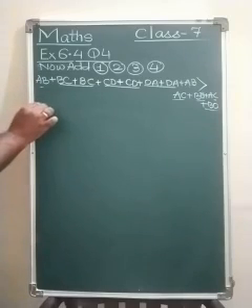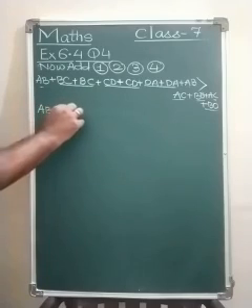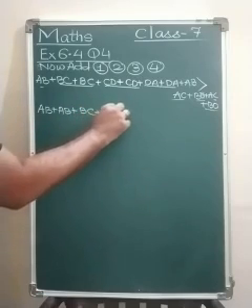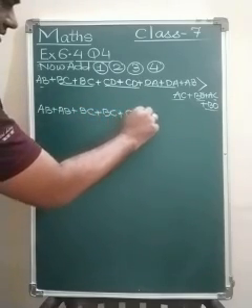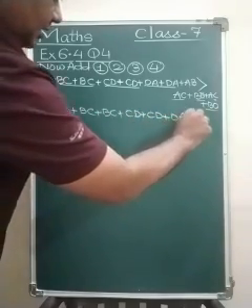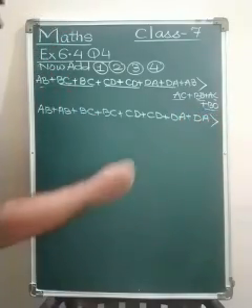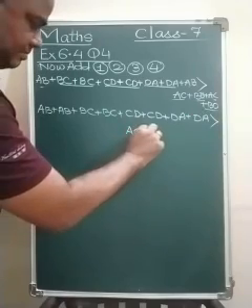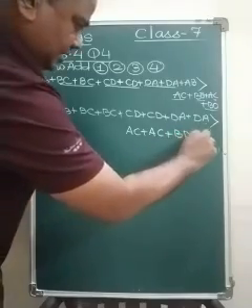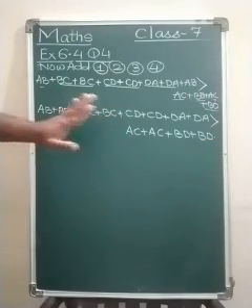The next step would be AB plus AB plus BC plus BC plus CD plus CD plus DA plus DA will be greater than AC plus AC plus BD plus BD. Up till here we have done.